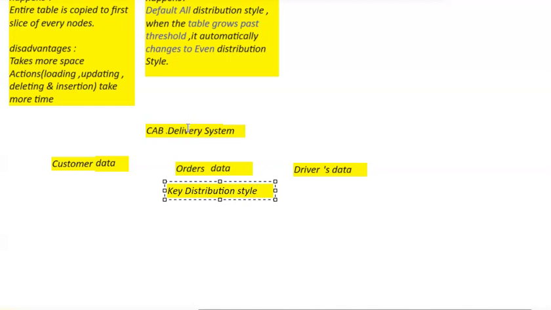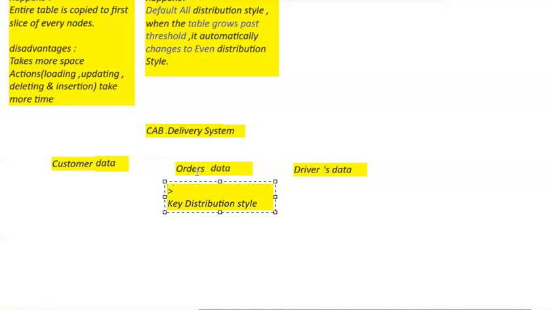First thing, I want to store all types of data, that is customers data, orders data and drivers data, inside my Redshift. But now I have a confusion about which distribution style to choose.